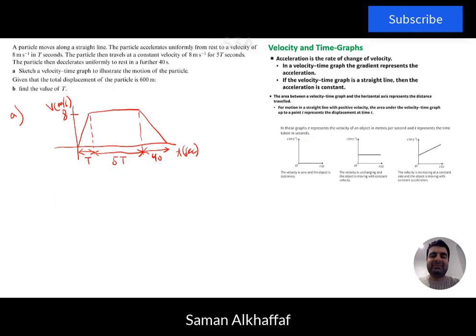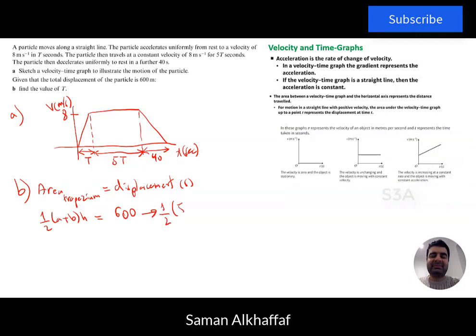For part B, we need to find the value of t. We can take the area. We have the total displacement in meters, and the area is a trapezium, half times the sum of parallel sides times h. We'll substitute the values into it, so we have 5t.